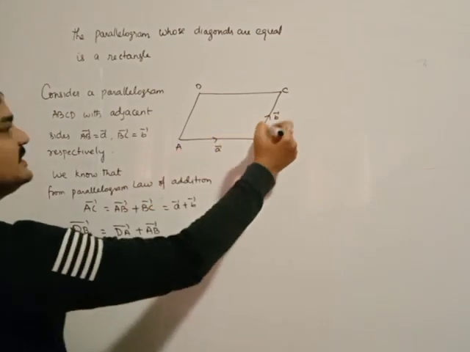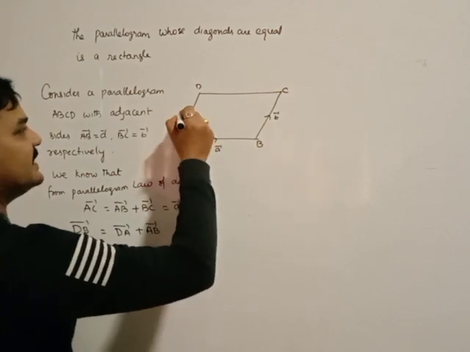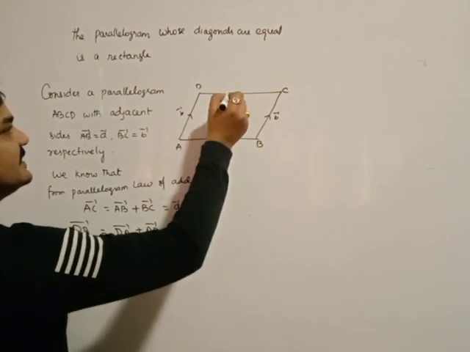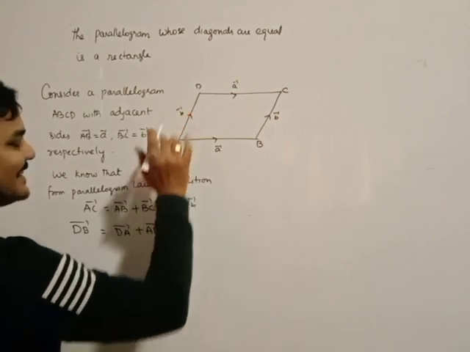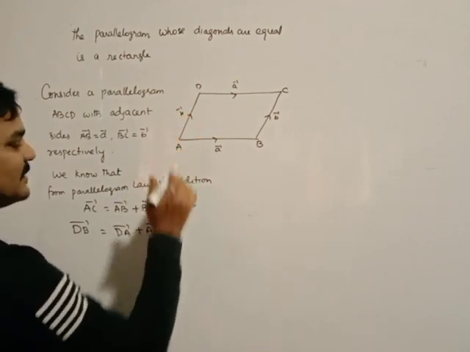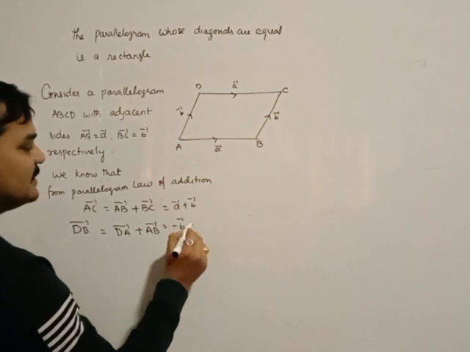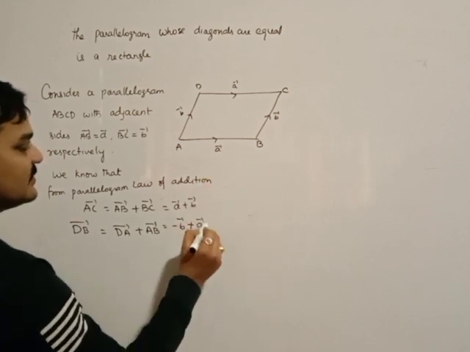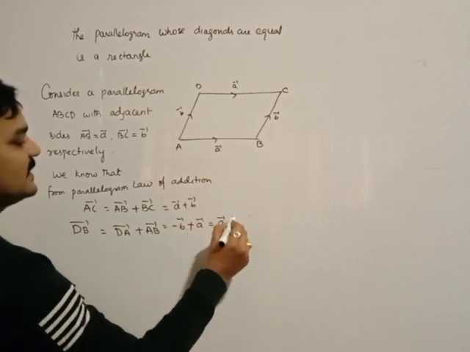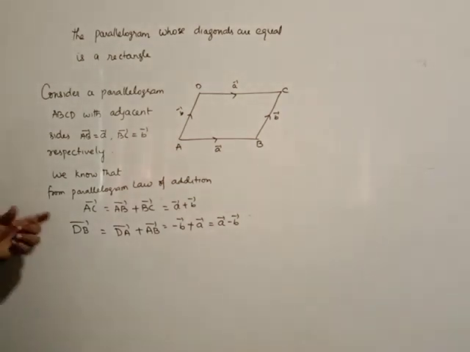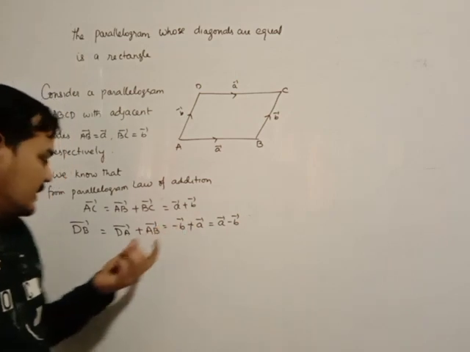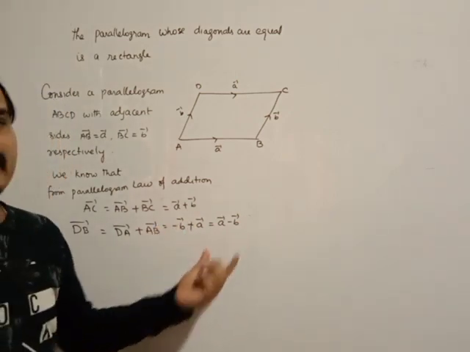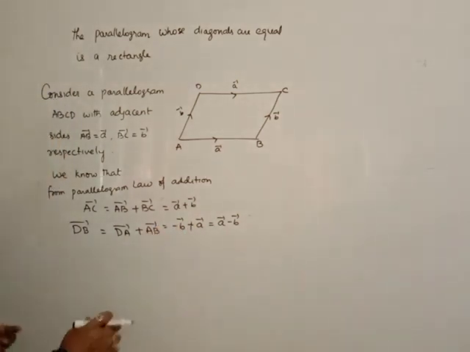BC bar is B bar, so AD bar is also B bar, and AB is A bar. DA is the opposite direction with the same magnitude, so it is minus B bar. Again it is A bar, so it is A bar minus B bar. So one diagonal is A bar plus B bar and another diagonal is A bar minus B bar.